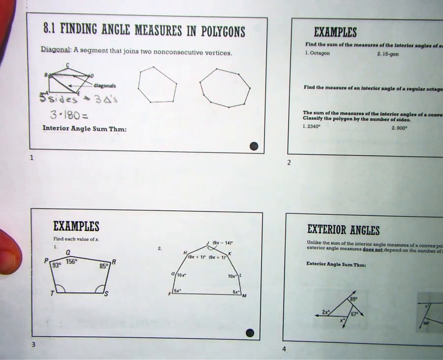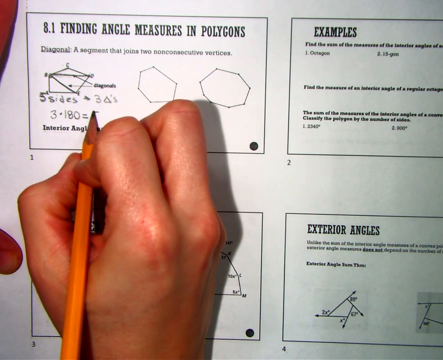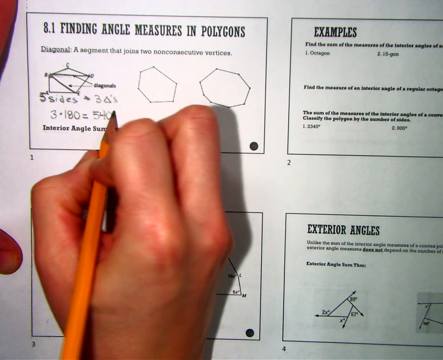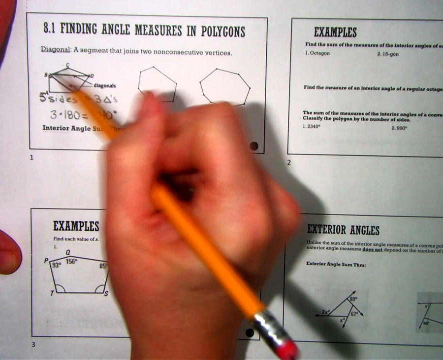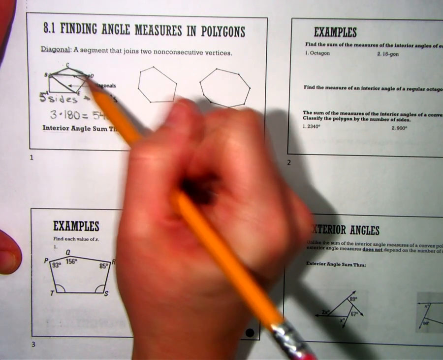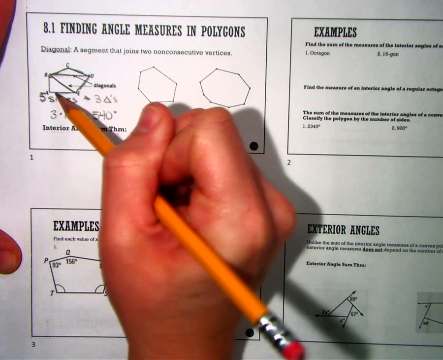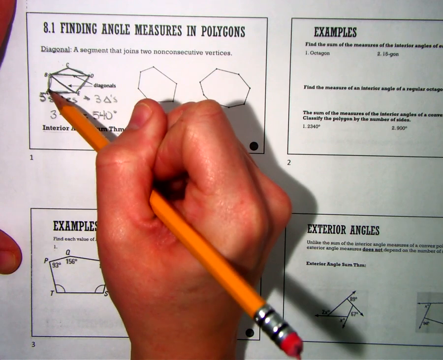So this is why you have a calculator, because we're going to have to do some of this multiplication today. But 3 times 180 is 540. How did you get 5 sides? 1, 2, 3, 4, 5 sides.